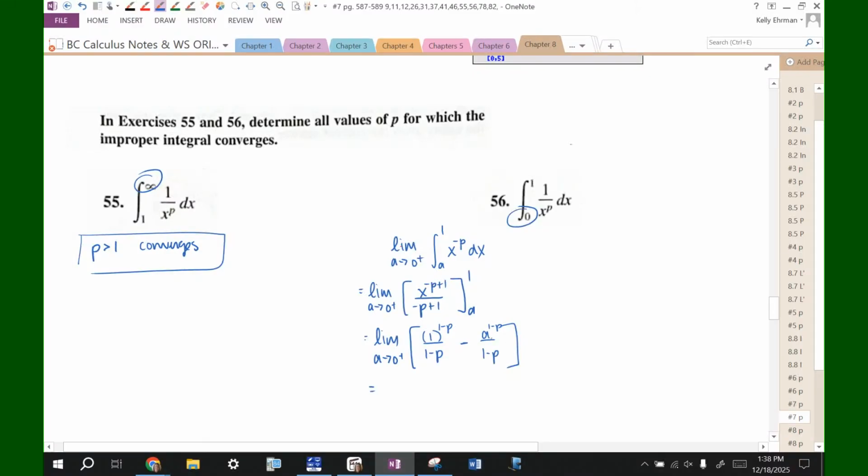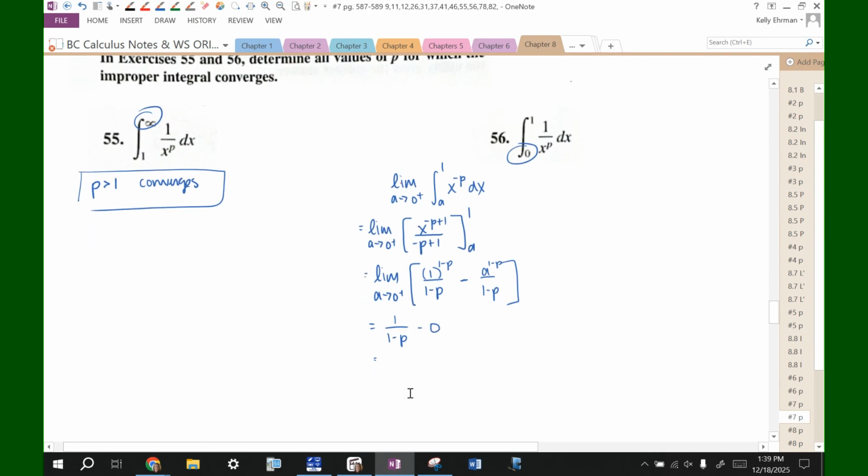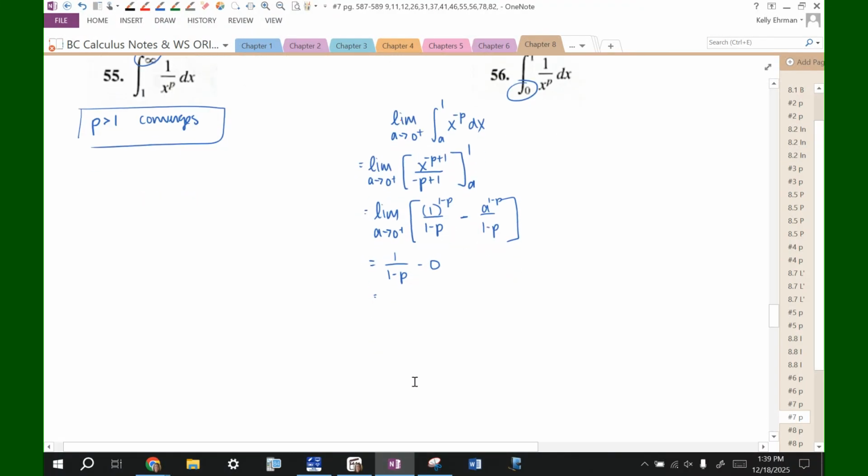A is going to get plugged in as 0. 1 to the anything is 1. So 1 over 1 minus p minus 0. So I would say this converges. The answer I get is 1 over 1 minus p.